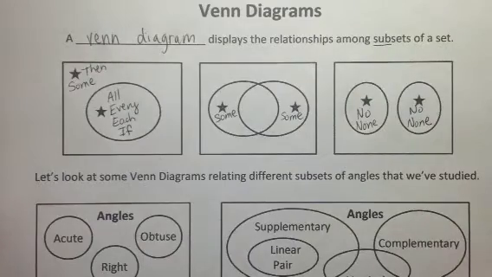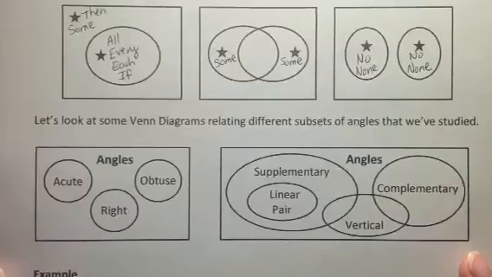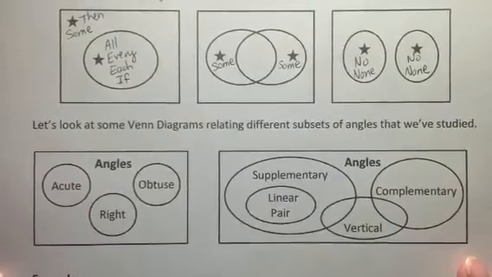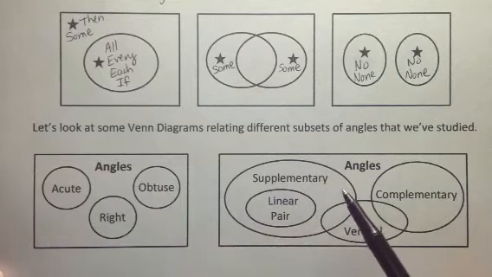Alright, so let's look at some more concrete examples. What I've done is put together a couple of Venn diagrams to review vocabulary that we've already learned. You would probably be able to talk about this vocabulary whether or not you saw these Venn diagrams, if you have retained the definitions. But I don't want you right now to be thinking about the definitions.